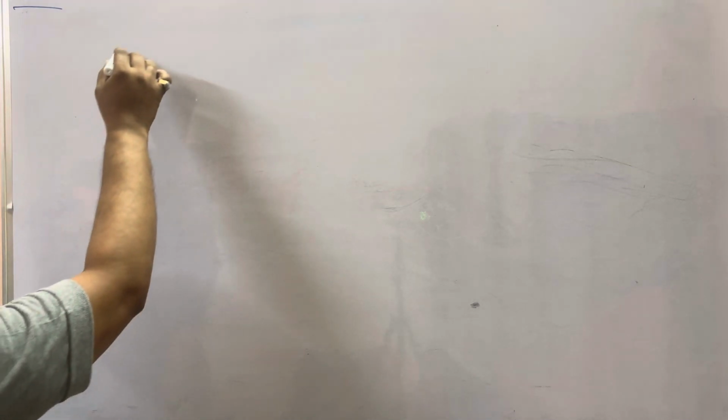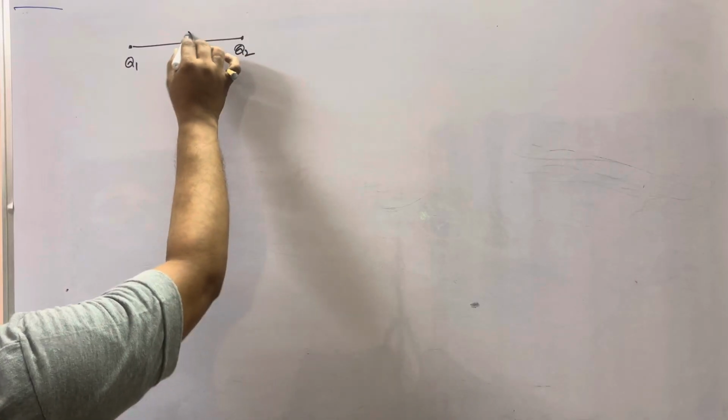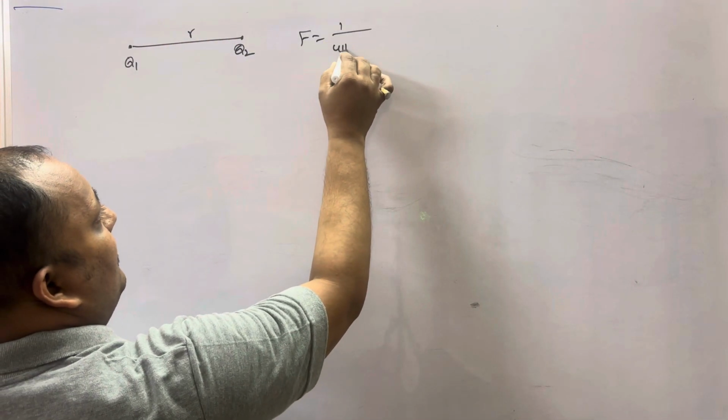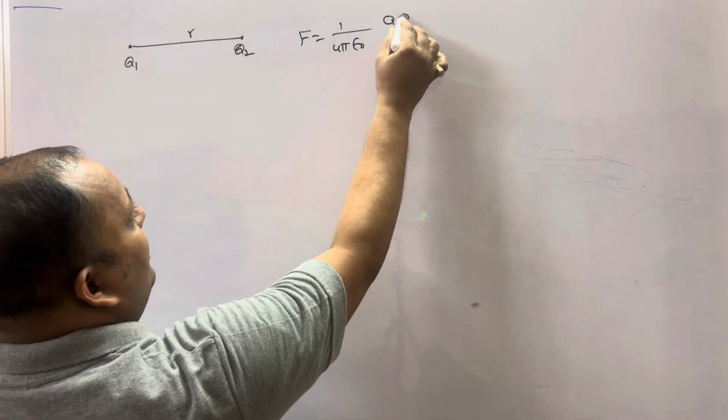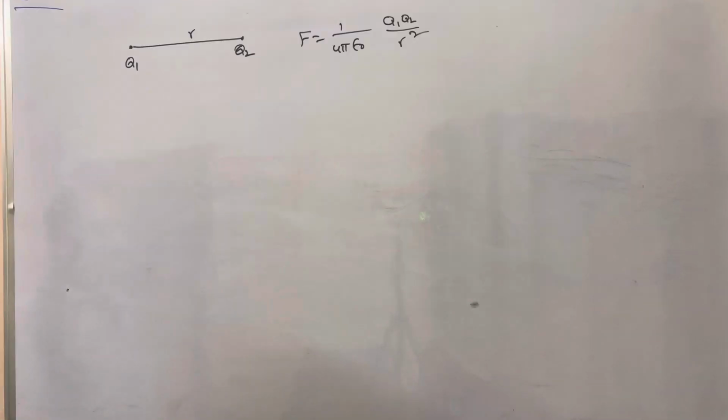So on these equations, how they are going to ask the problems, we will see. Two charges placed in space, force between these two charges is 1 by 4 pi epsilon naught q1 q2 by r square.